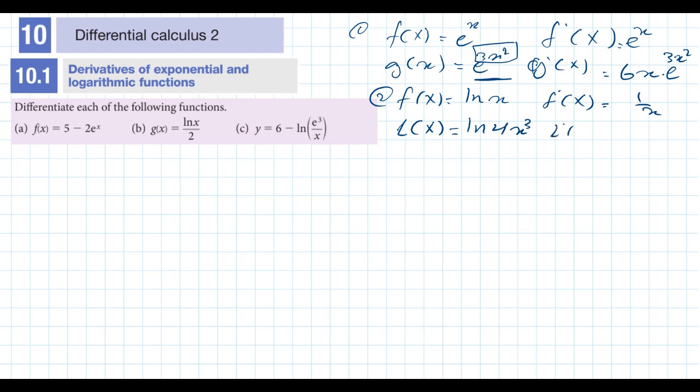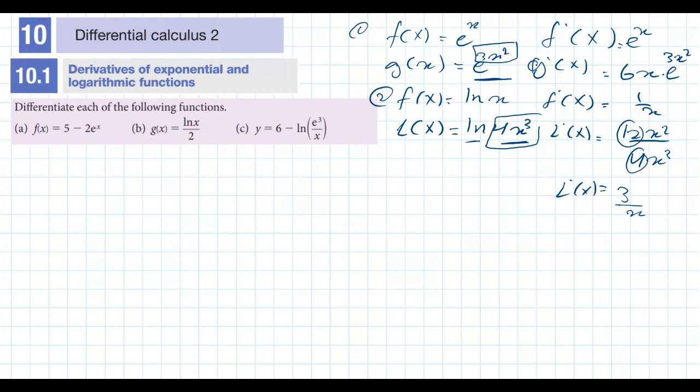Then L dash of x becomes the derivative of this part, which is 12x squared, over the expression itself without the ln, which is 4x cubed. And after that, you're going to simplify. 12 divided by 4 becomes 3, and x squared over x cubed becomes 1 over x. This is L dash of x.